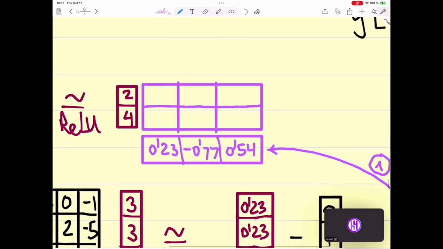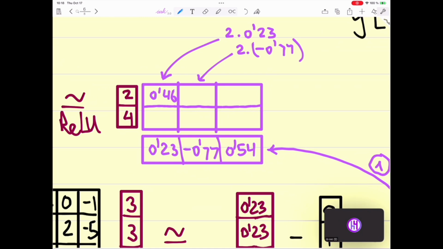elements. So it's 2 times 0.23, okay? Which is 0.46. This number is 2 times 0.23. And the next number is going to be 2 times minus 0.77, so minus 1.54.